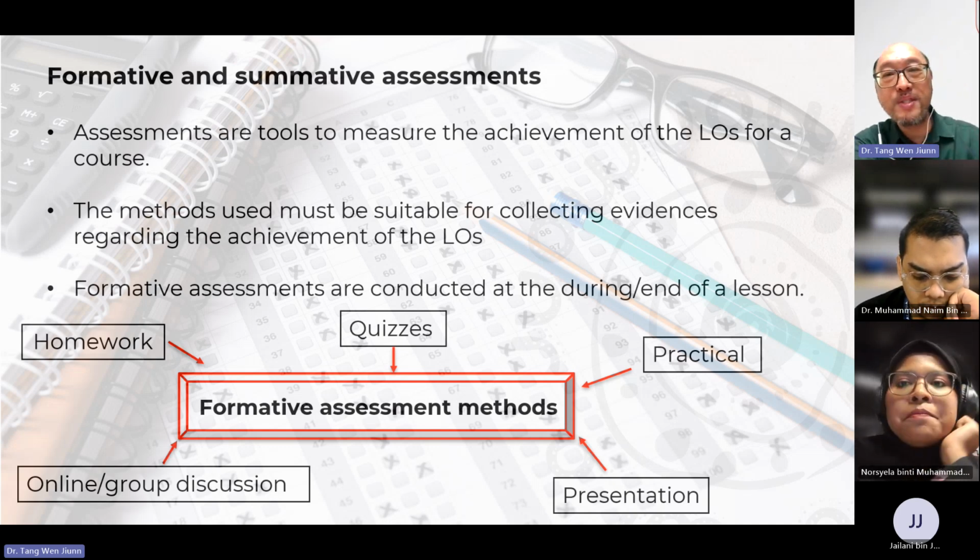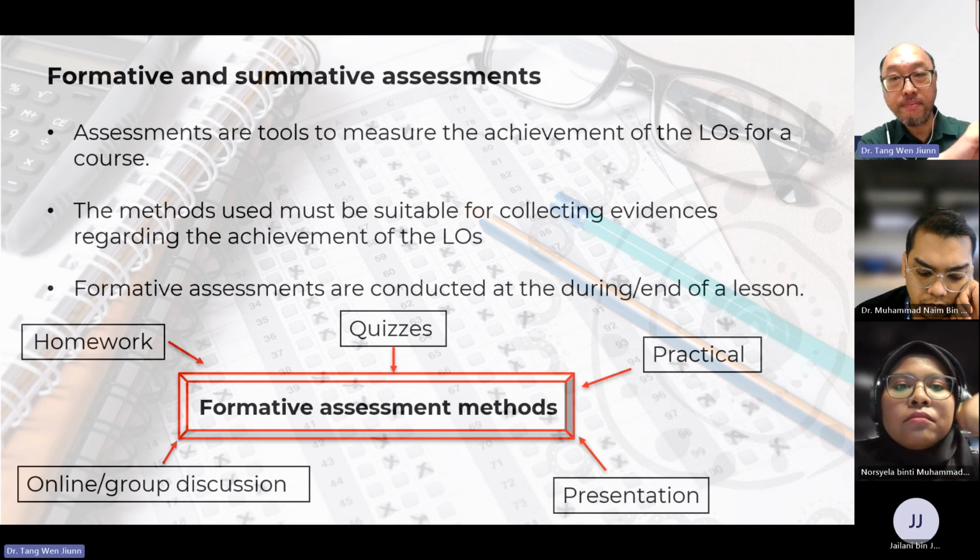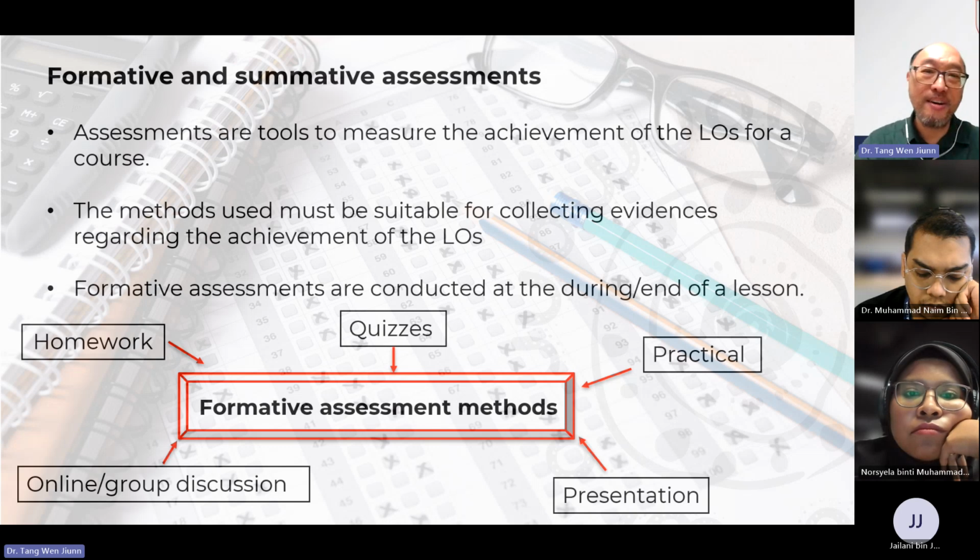They use whatever skills they have learned to do the presentation. The presentation under formative is mainly they gather the information that you just taught, come up with a mind map, present it, or do the discussion on the topics you just taught, and then present it to the whole class for you to give feedback. So that is formative.